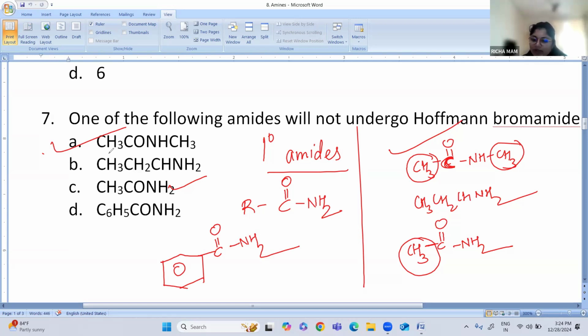This is also CO, not CH: CH3CONHCH3. Here you can see on both sides there is a substituent. So option number A.